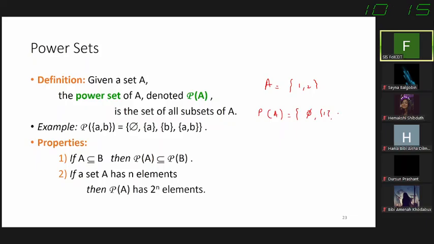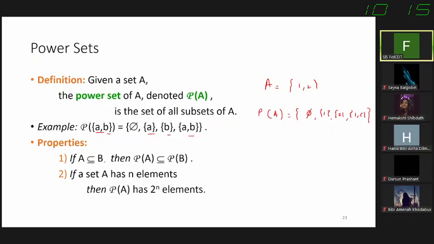Remember to use those braces, {2}, and then {1, 2}, right? So if you have a set that includes A and B, you can see the different elements in there.